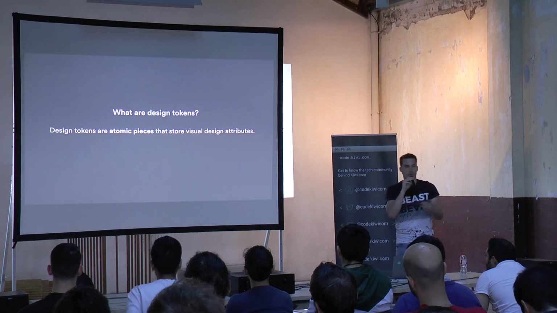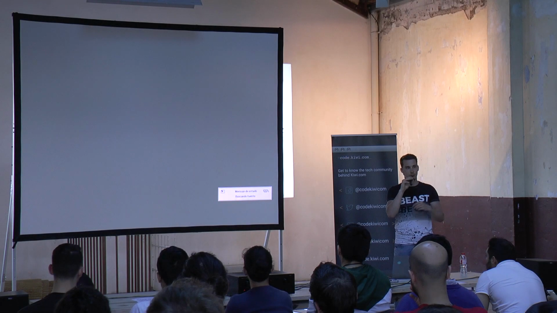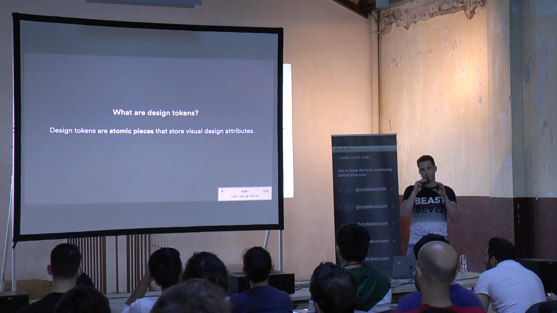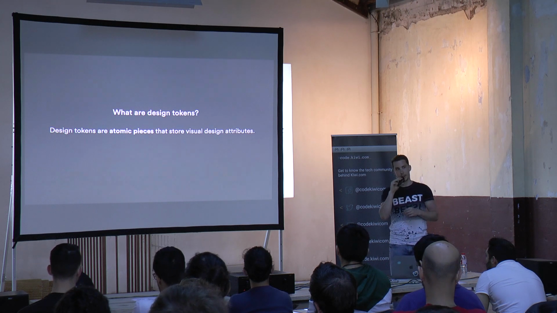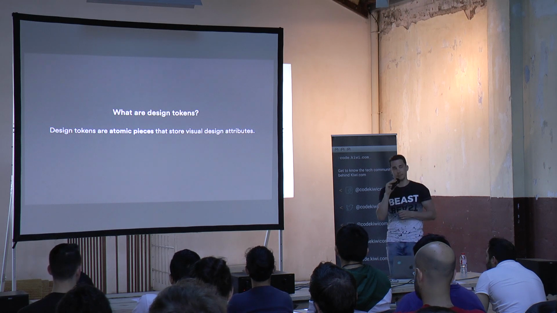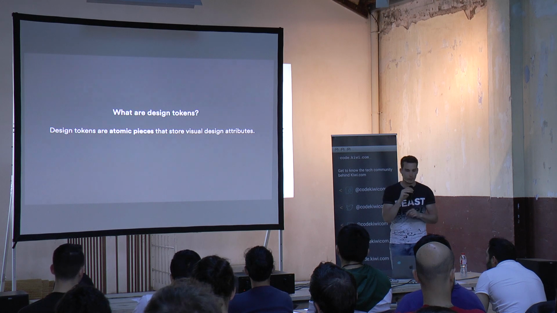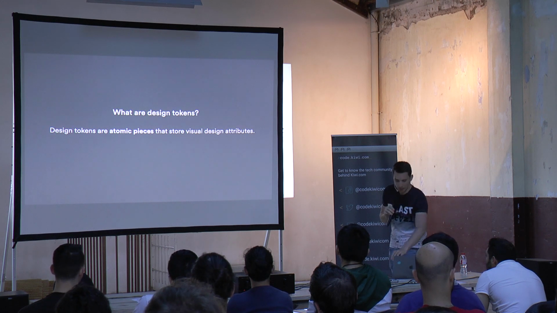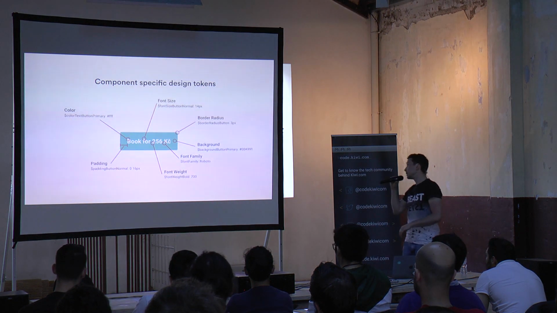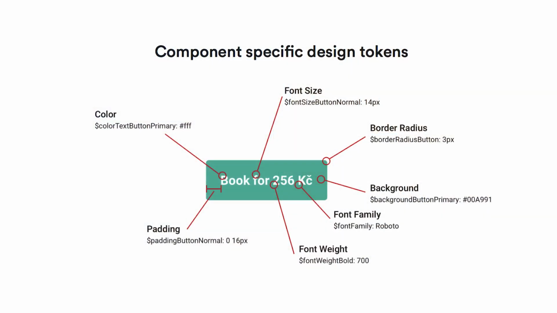What are design tokens in the first place? They are just stored variables. They contain some design choices made a long time ago. So variables that store attributes like font sizes, spacings, and maybe even line heights, background colors, etc. In practice, the button consists of many more tokens than just this image.